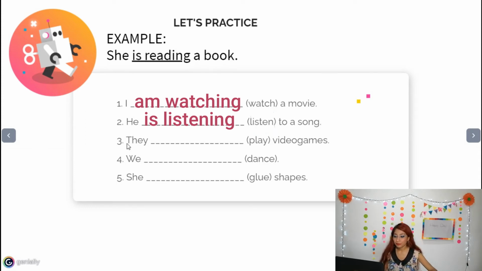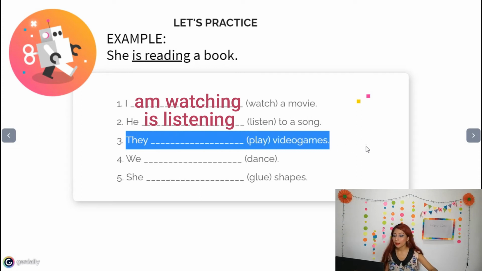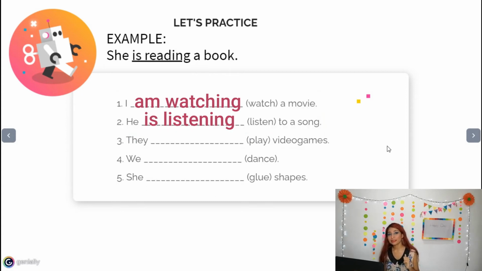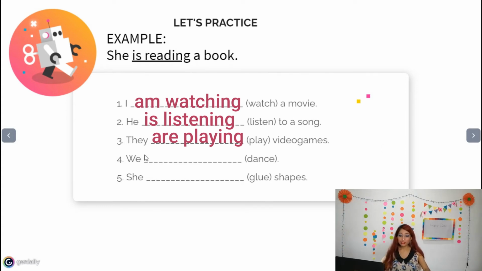Number 3, they blank play video games, and the main verb is play. What is the correct answer that completes this sentence? If your answer was they are playing video games, your answer is perfect because they is always used with are.